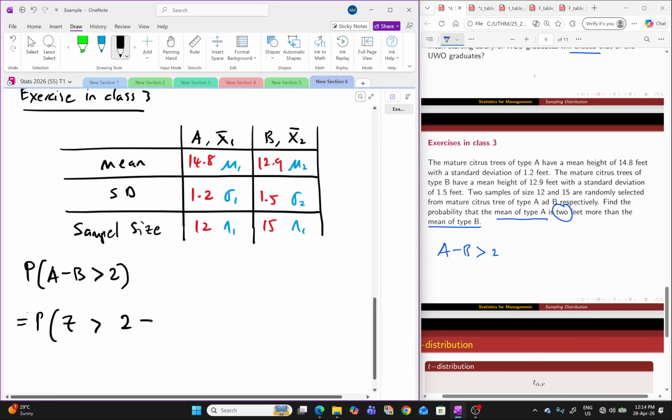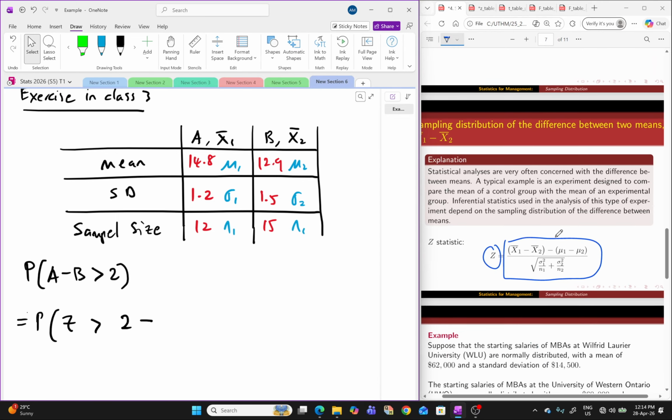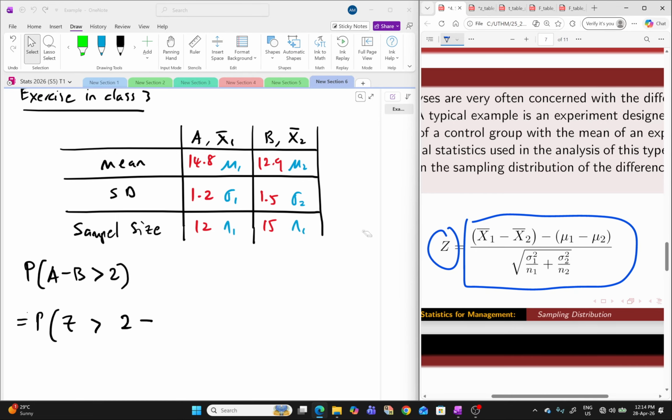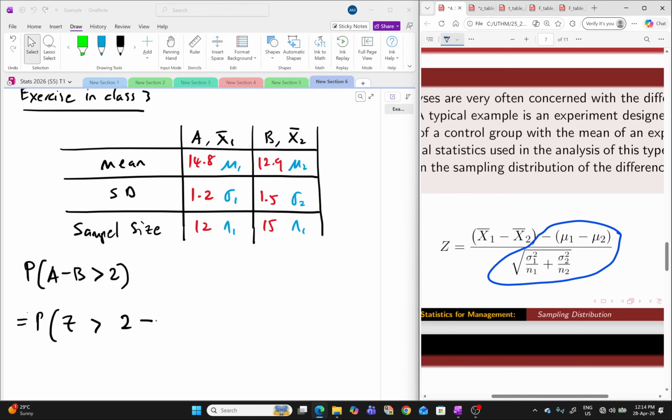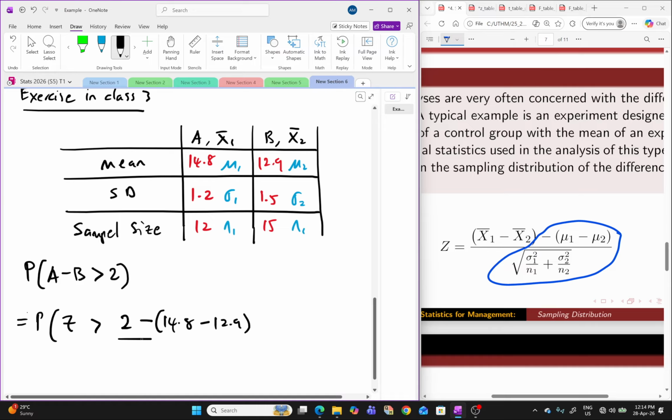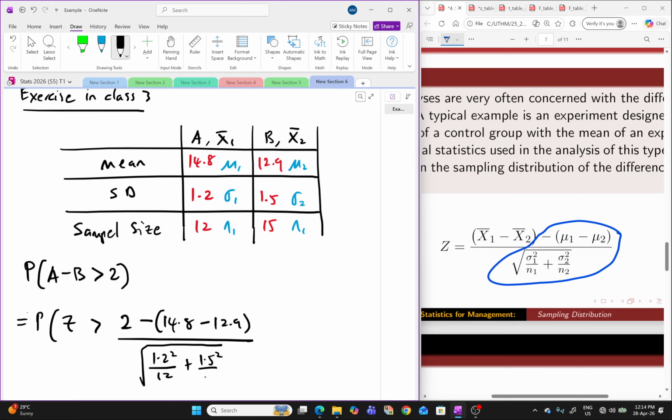Then 2 minus, you write 2 minus this here. What is our mean one? 14.8 minus 12.9, divide by square root of 1.2 squared over 12, plus 1.5 squared over 15.